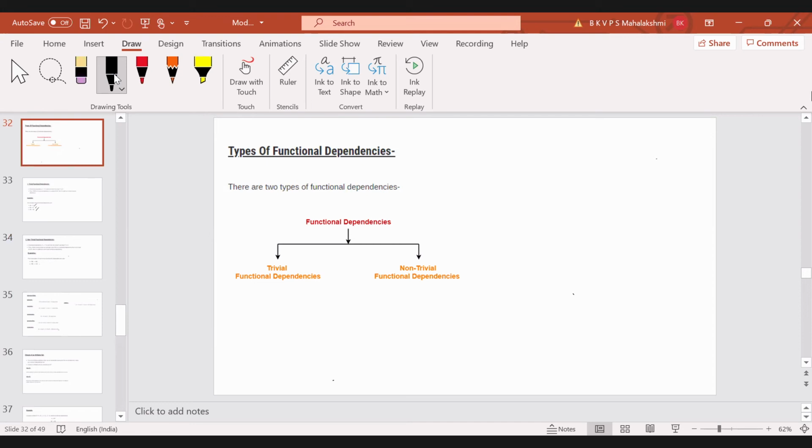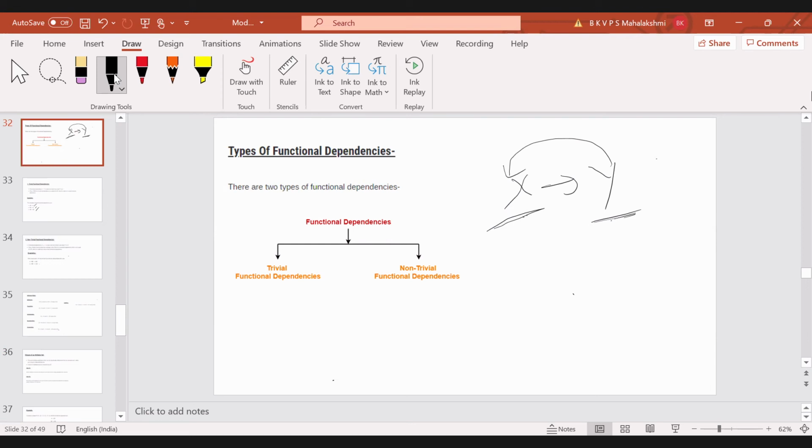Actually, a functional dependency is either trivial or non-trivial. So, which one is trivial and which one is non-trivial? We can easily identify that by knowing the rule: if the right hand side attribute is a subset of the left hand side attribute, or the right hand side attribute is equal to the left hand side attribute.